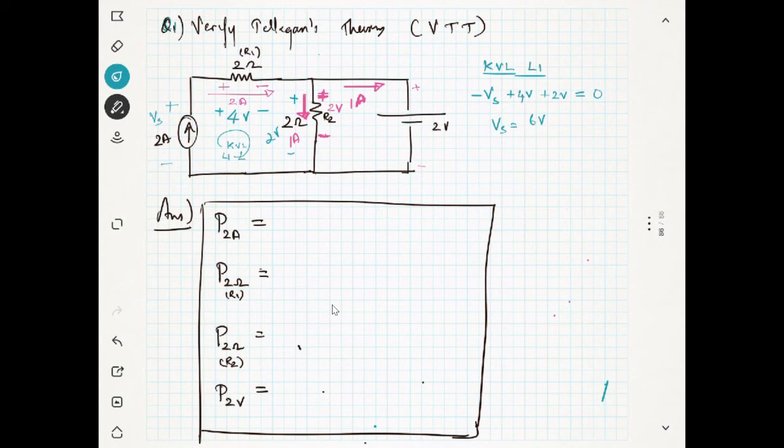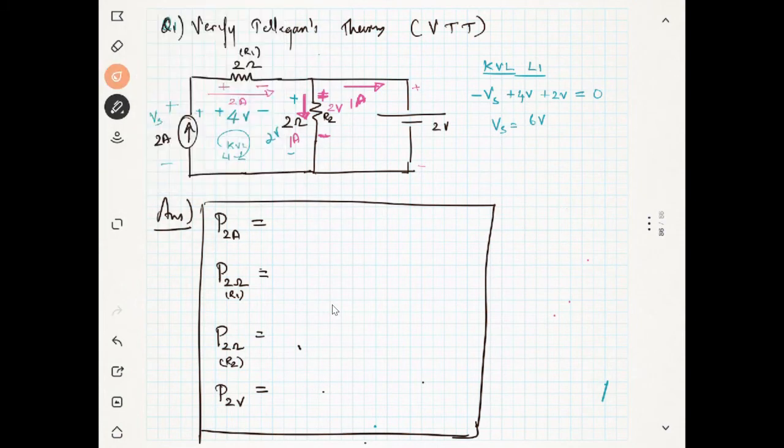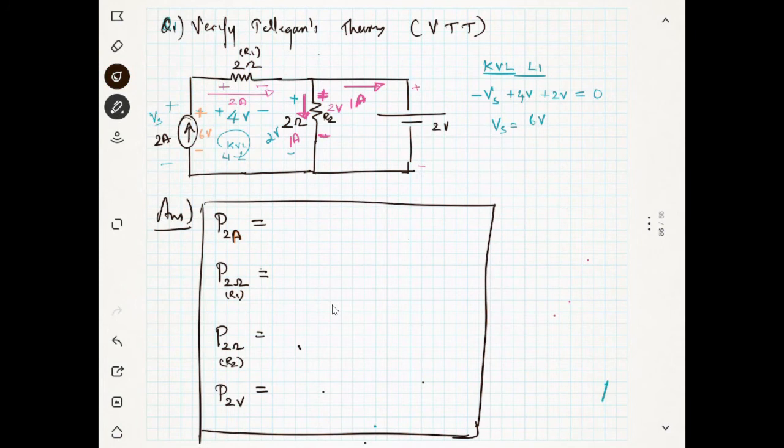So the voltage across the current source will be 6 volt. Now we will calculate the corresponding power.